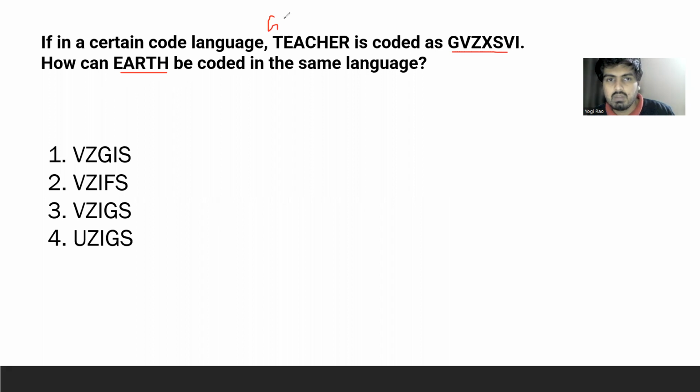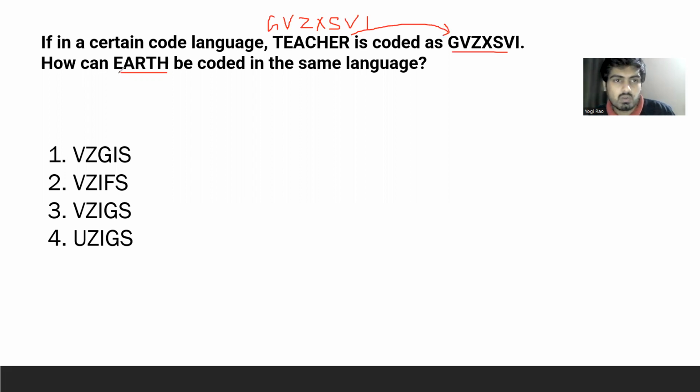Opposite of E will be empty, vacant. Opposite of A is Z. Opposite of C, Christmas, Xmas. Opposite of H will be high school. And opposite of E, empty, vacant. And opposite of R, Indian Railway. So it is coded as opposite.